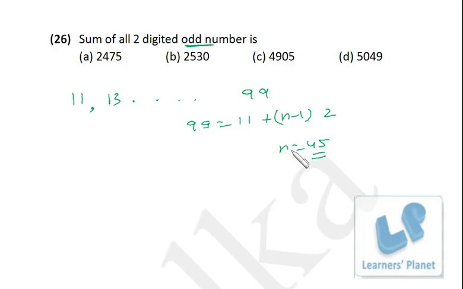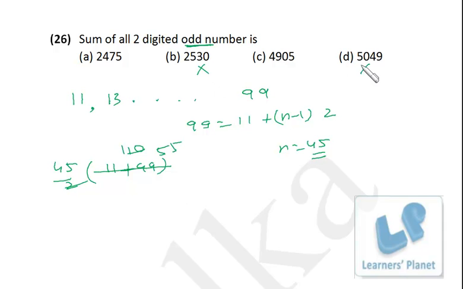Okay, so we have to find the sum of 45 numbers. So 45 by 2, (a plus l) you can use, right? So 11 plus 99, it's 110. So 45 into 55. The unit digit of your answer must be 5.